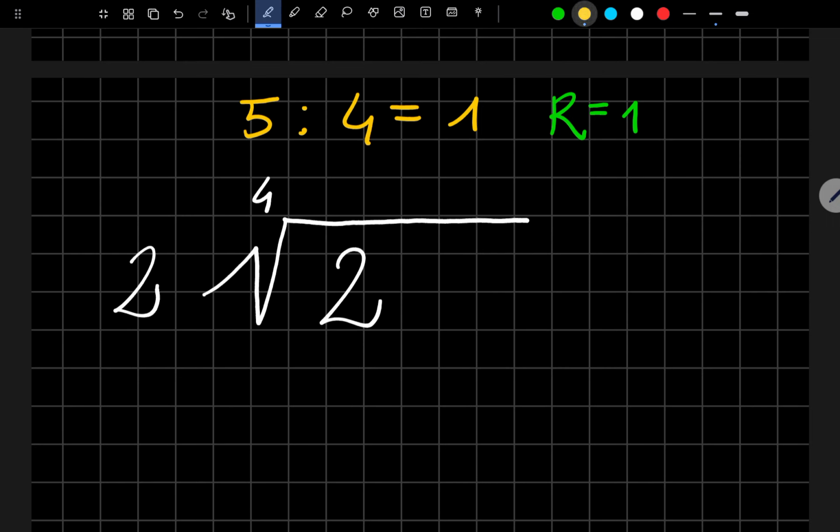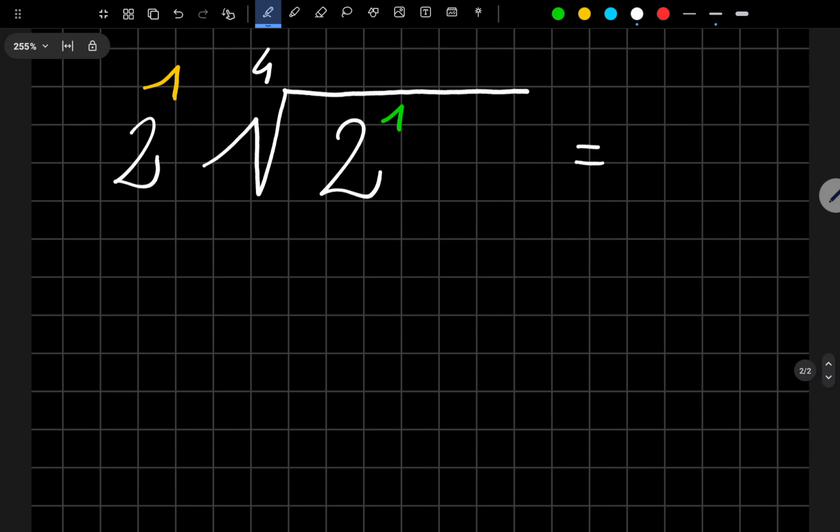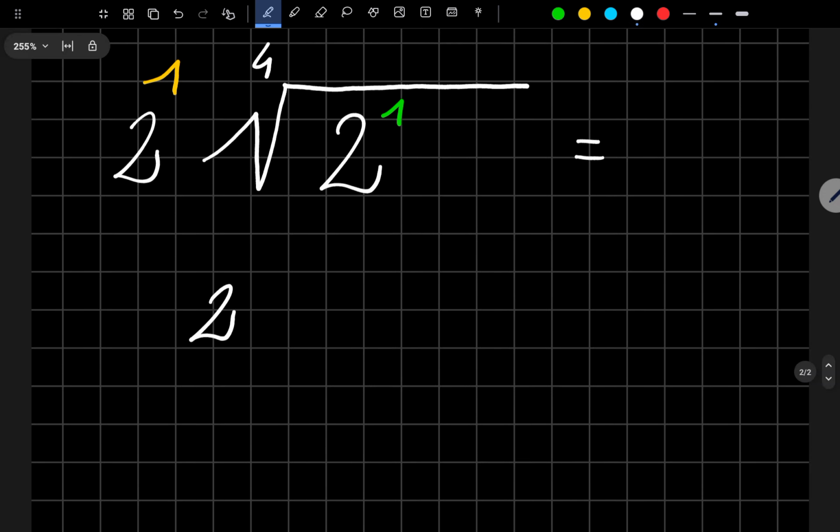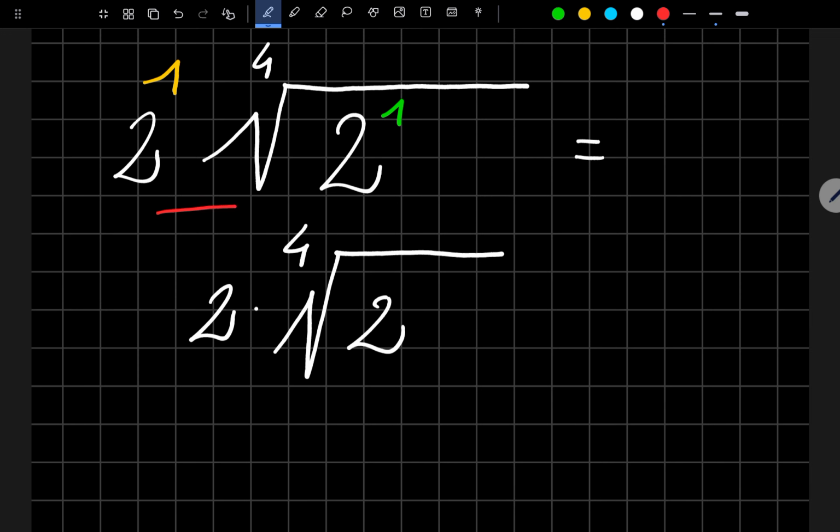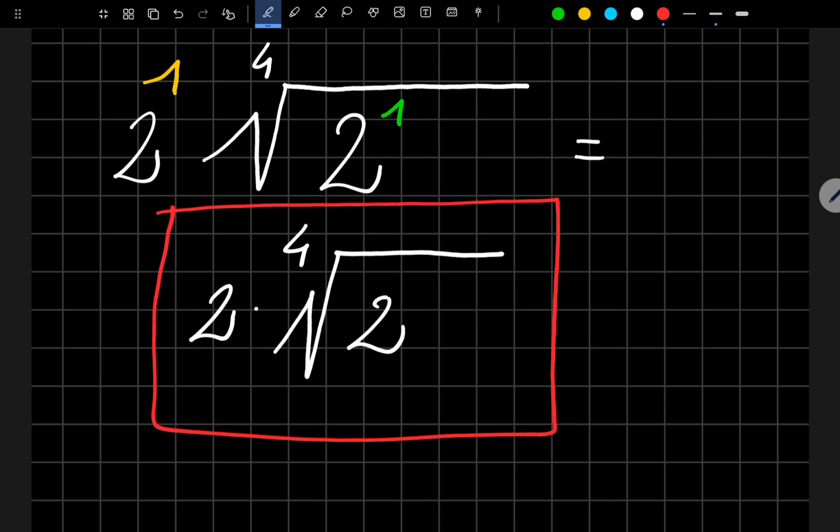So 1 goes here, the yellow one goes here, and the green one goes here. So the solution is 2 to the power 2 times the fourth root of 2, and this is the solution we were looking for.